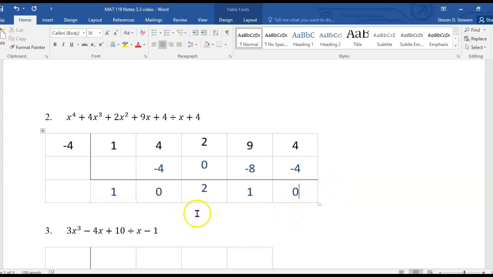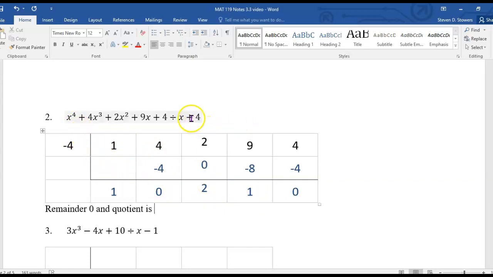So first of all, notice that the remainder we got this time was 0. The division came out even. And the quotient is given by these other numbers here. Since we started with a degree 4 polynomial, we always go down 1 when we're dividing by a degree 1 polynomial.